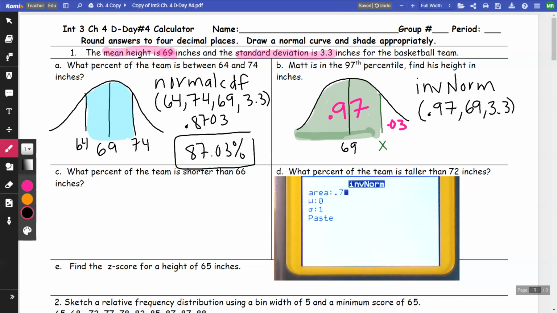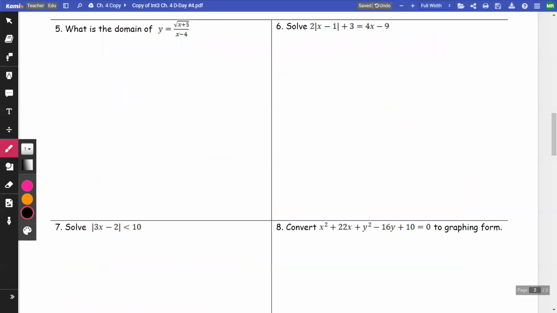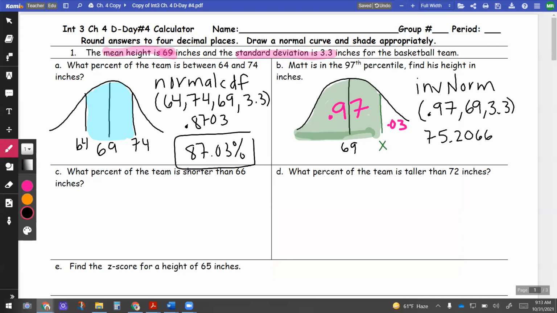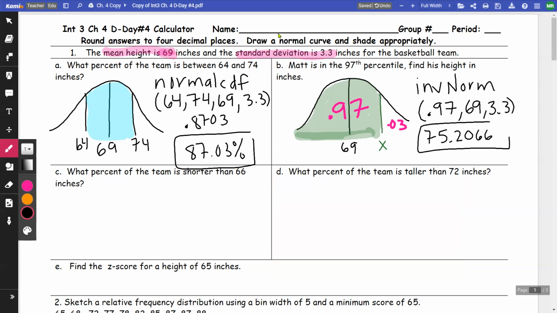So 0.97, 69, 3.3. So we get 75.2066. So that is going to be his height in inches. That's what this X represents.